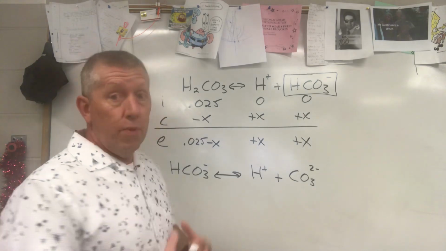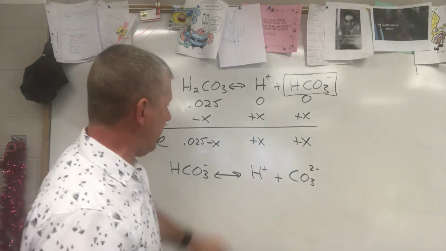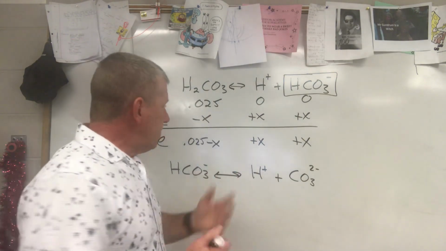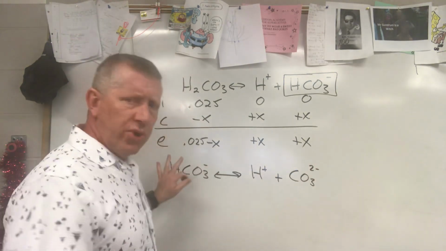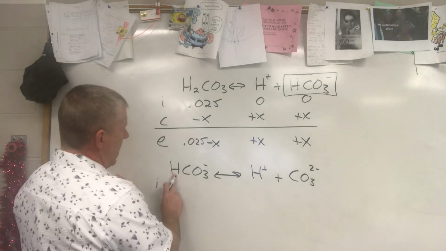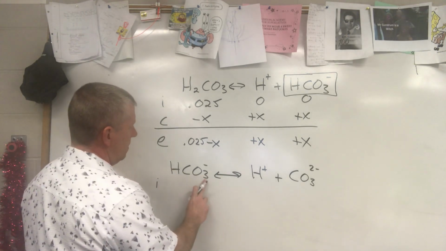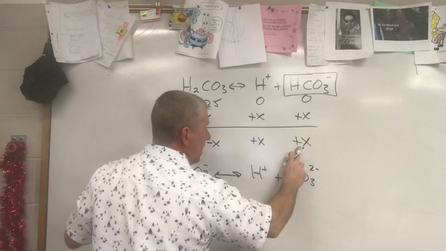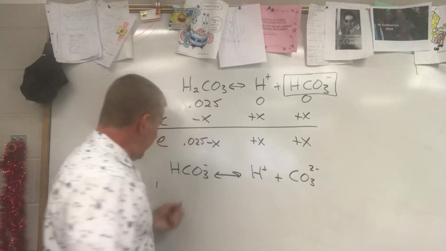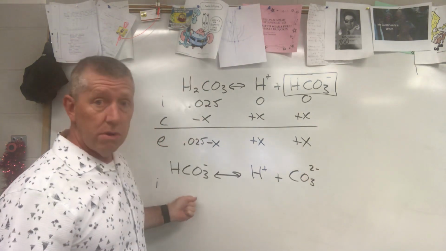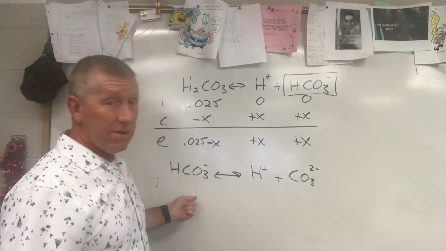I want to know the total amount of hydrogen, so I'm going to have to add those two numbers together. In the second reaction, the initial concentration of the HCO3 is going to be this X. Now, I don't know what that X is. I need to get that number so I can put it here, so I'm going to have to calculate it.